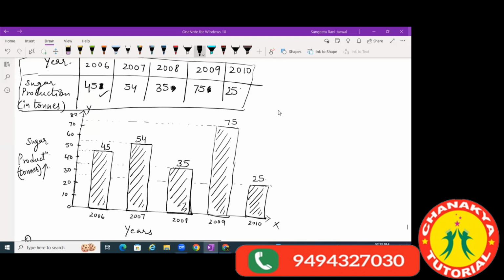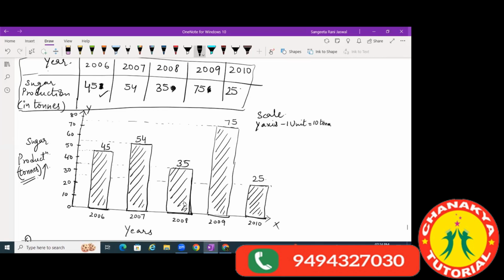Okay, see here. In this scale, I have taken 1 centimeter. I'm writing the scale here. On the y-axis, I have taken 1 unit. 1 unit means 1 box, 1 centimeter box, 1 unit as 10 tons, because the sugar production is in 10. So I have taken 1 unit as 10 tons.